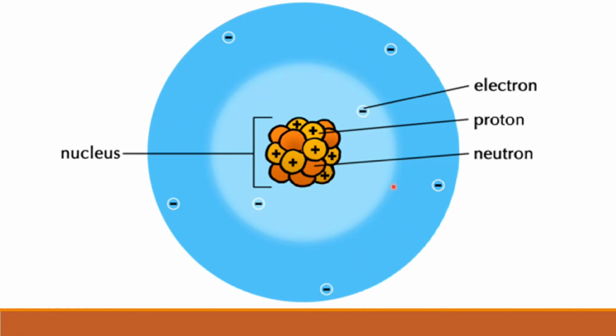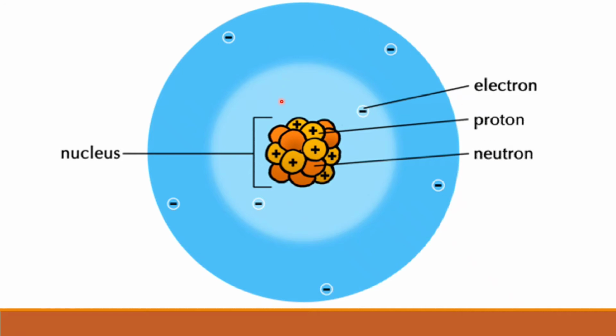The center, this is what we call the nucleus, the center part of the atom. And this nucleus is composed of positively charged protons and neutral charge neutrons.